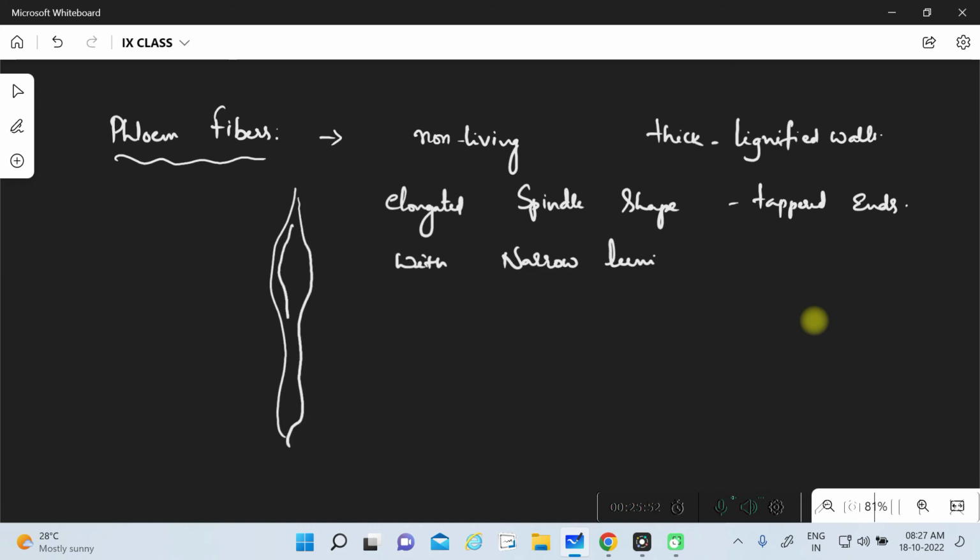So it has thick lignified walls like this, as it looks in the case of xylem sclerenchyma; similarly, it is present even in the plant. The main function of this phloem fiber is to provide mechanical strength to the phloem.